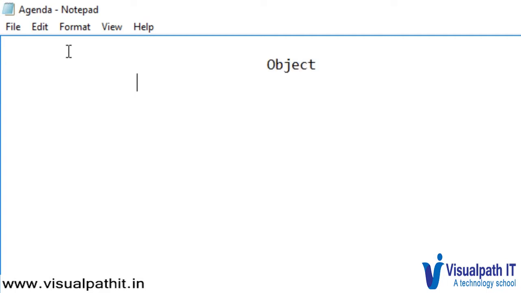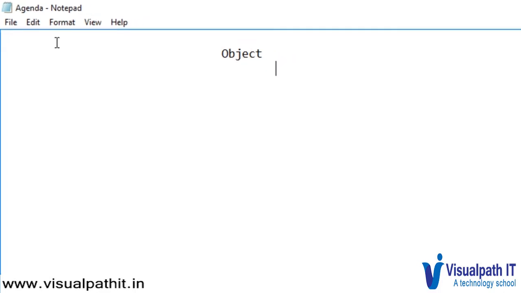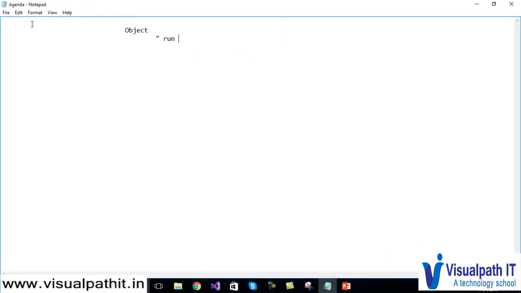So what is an object? Technically, when I try to give the definition of an object, or you try to Google the meaning of an object, we get generally run time instance of a class, or we get run time entity of a class.